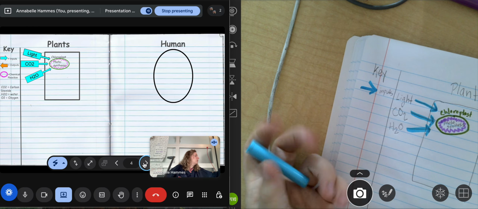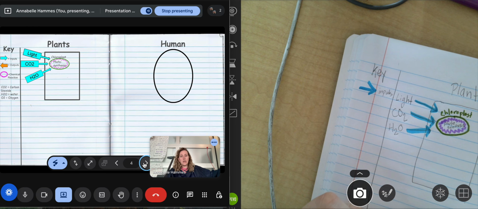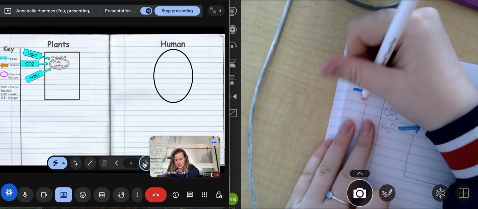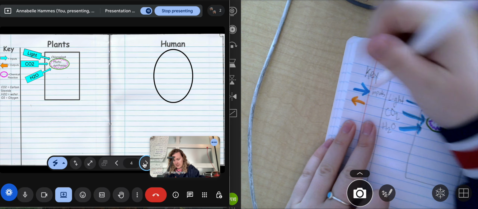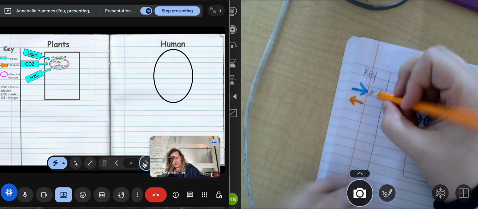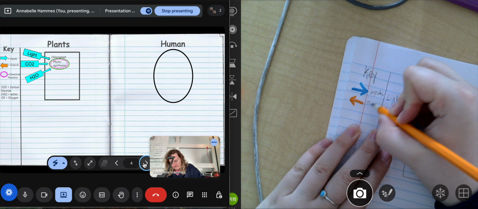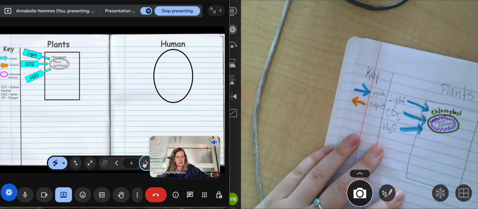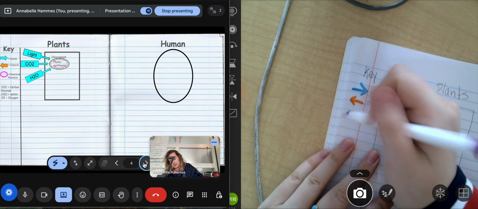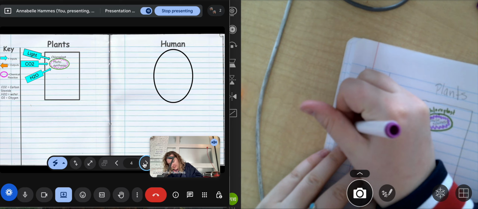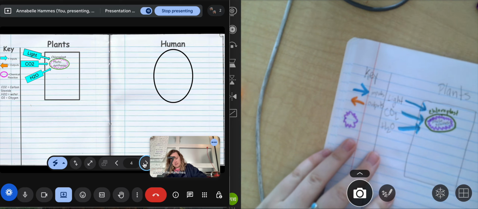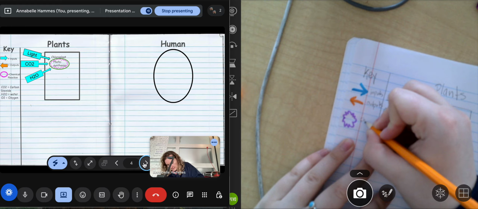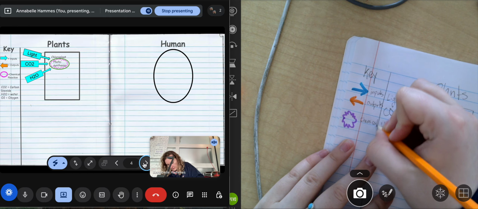We're gonna do orange as our outputs. We're gonna make a tiny one of these. That means a chemical reaction happened.